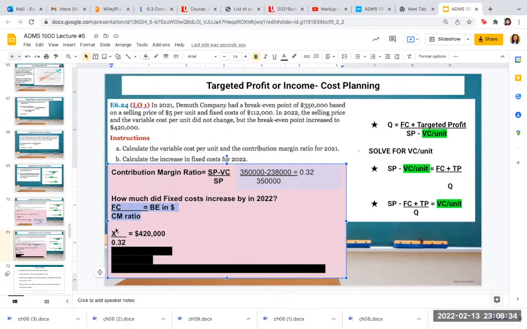So we can find out what the fixed cost is in 2022. And if we know what the fixed cost is in 2022, then we can calculate how much the fixed cost increased by from 2021 to 2022. So in this case, X over 0.32 equals $420,000. In order to find X, we're just going to multiply $420,000 by 0.32. This is math, right?